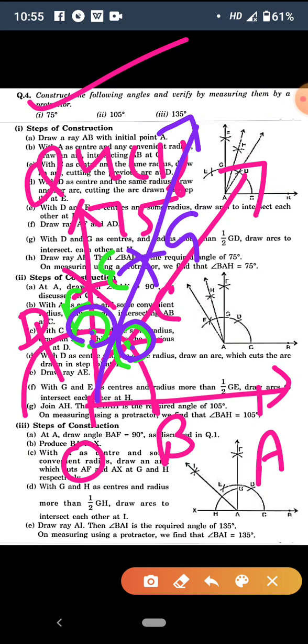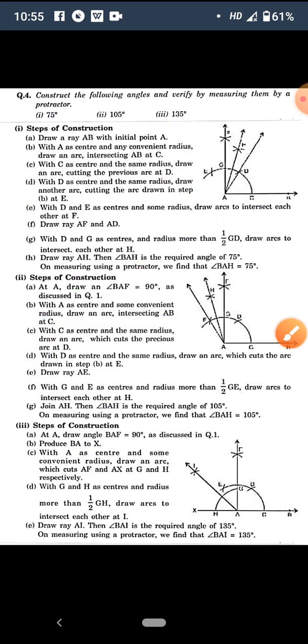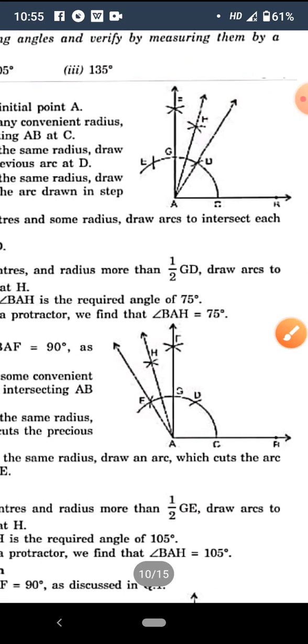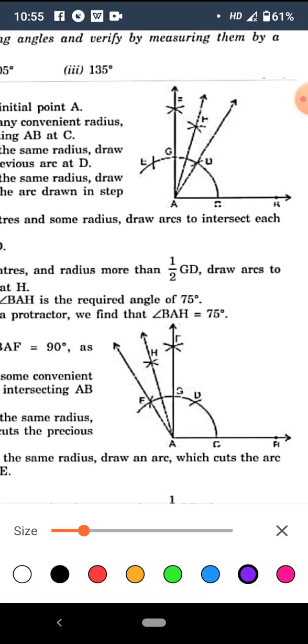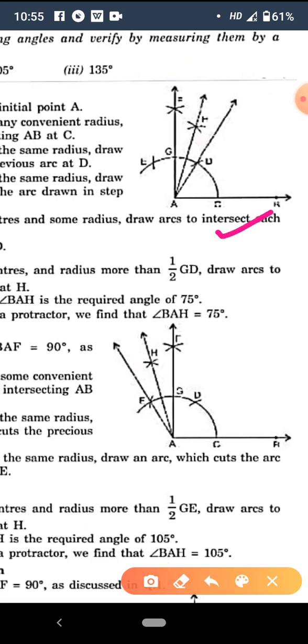So between 60 and 90 degrees, 75 will lie. You can clearly see here in this diagram. So firstly, what we have done, this is a ray, then you have drawn a 60 degree angle, then you have drawn 90 degrees. So by putting your compass at G and U, we draw an arc which meets at H. So by joining the ray HA, this complete angle HA is 75 degree.